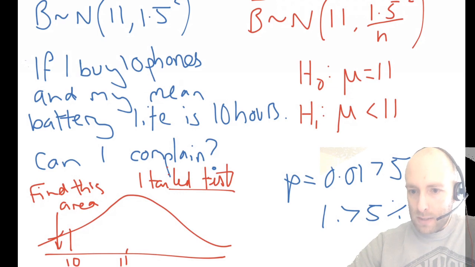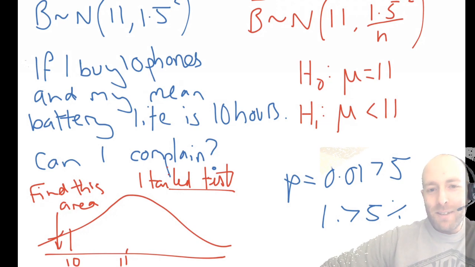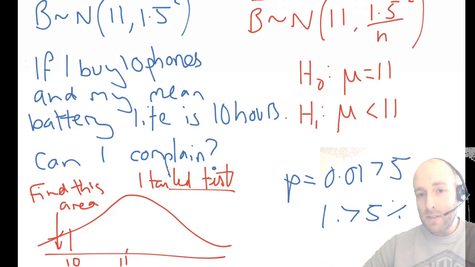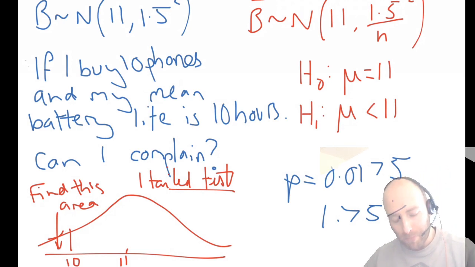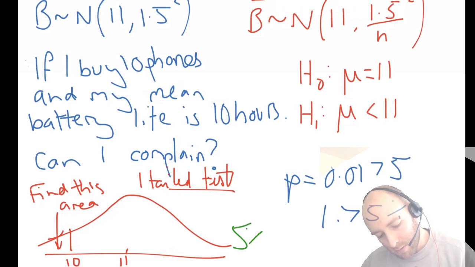So if we were testing, yeah, I have hiccups. Thank you, Ed. So we are testing. What was I saying? 1.75%. So if we had a hypothesis test with maybe a 5% significance level, that would be in the significant area. So this would be critical.